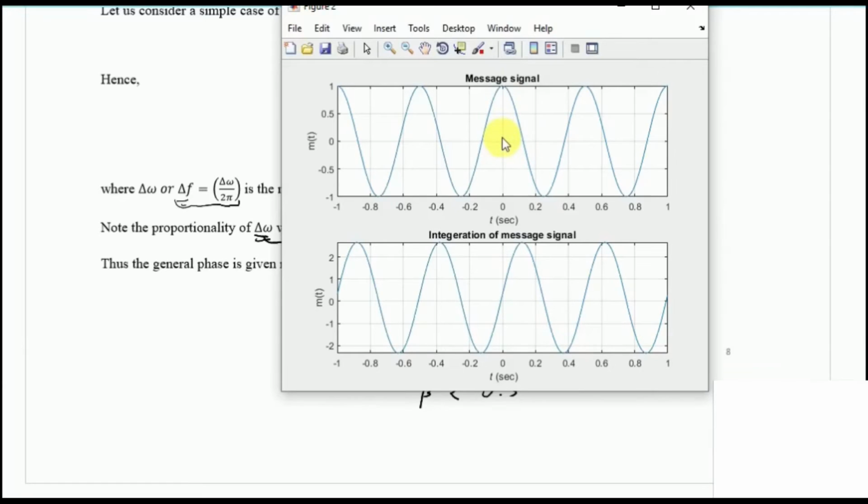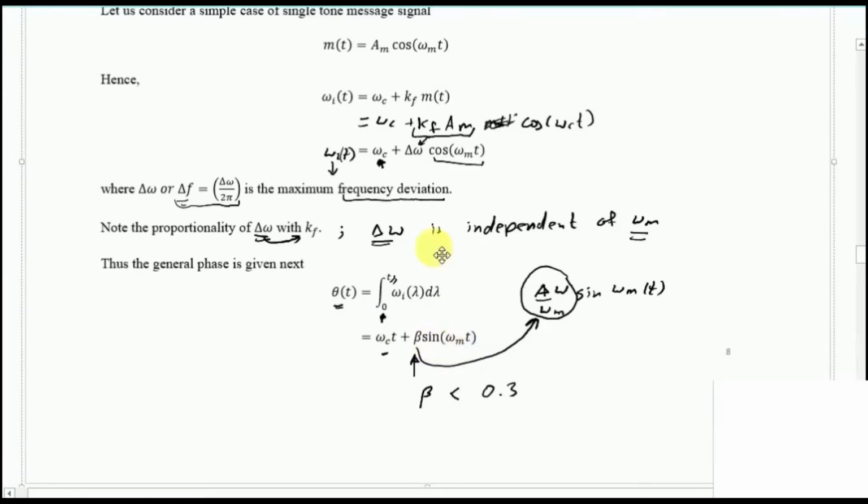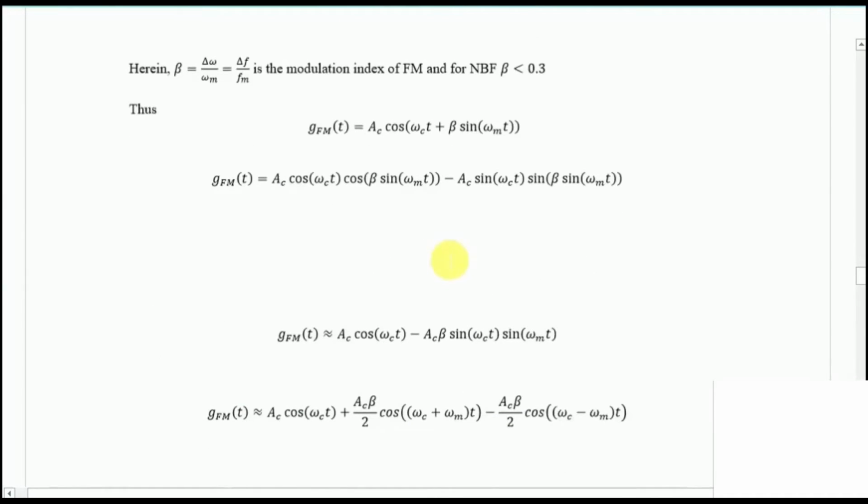If we integrate it, we would have a sine function. So from cos we would get sine, but we would also get 1 over omega_m, so we would scale this factor. That is basically the role of this integral. Right. So we have A_c cos(omega_c t plus beta sine omega_m t).